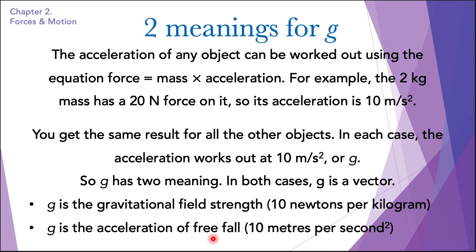This acceleration of free fall also acts on any kind of object, whether it is light or heavy. But the acceleration of free fall changes if air resistance comes in. With no air resistance, it will remain the same for any kind of object. So these were the two meanings for g.